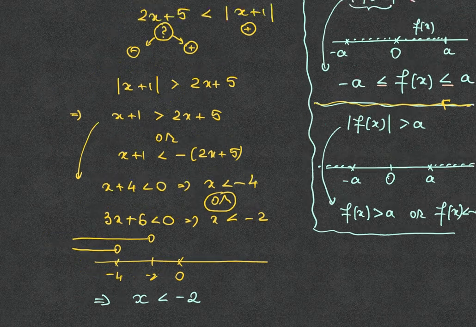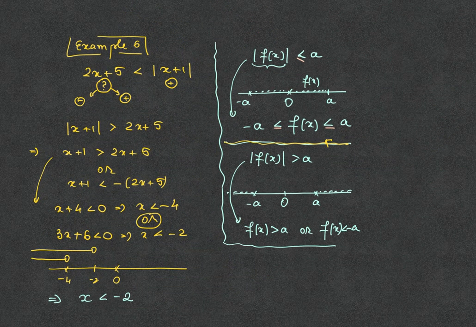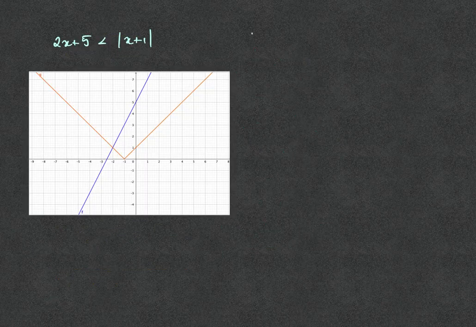I could have solved this equation graphically, and I'm going to show on the next slide the graphs. As you can see from the graph, it's clear that this is y equals x plus 5, and that's y equals absolute value of x plus 1. You want the blue one to be below the red one.